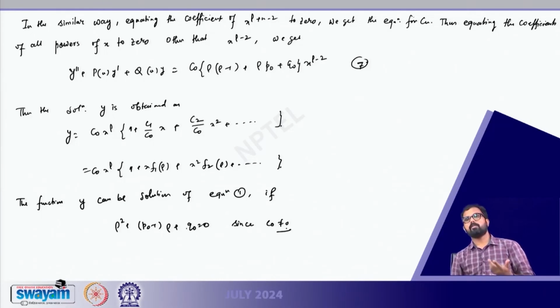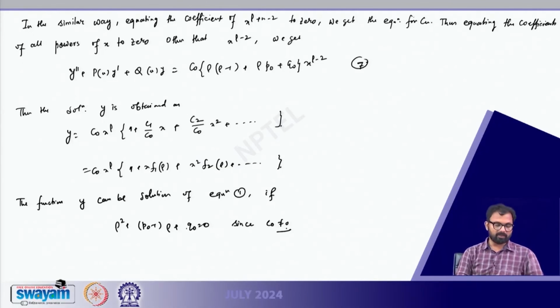Now, from here we will solve for rho, right. Now, we will look at whether the roots are distinct, whether the roots are the same, and whether they are distinct but differ by an integer, right. Depending upon what criteria we get, we can write down the solution accordingly.